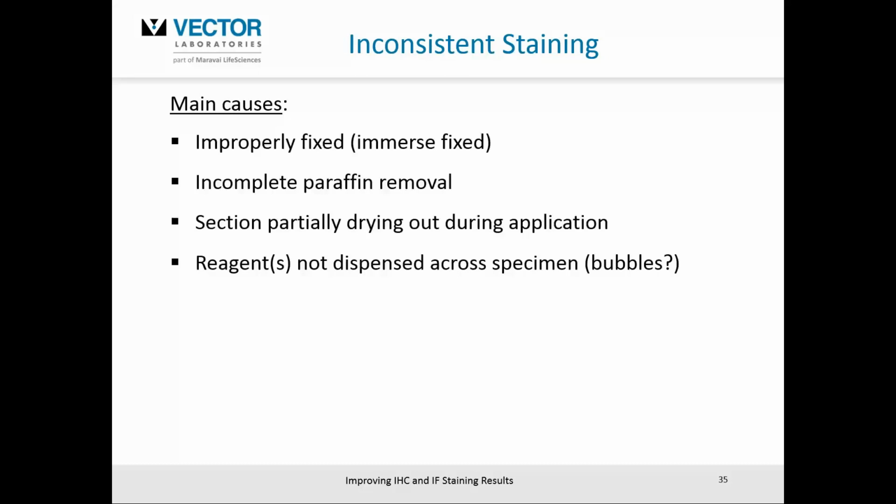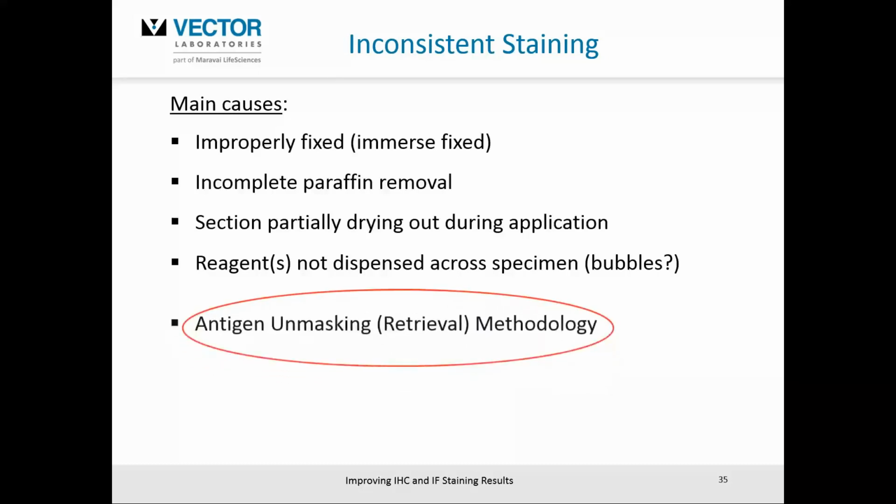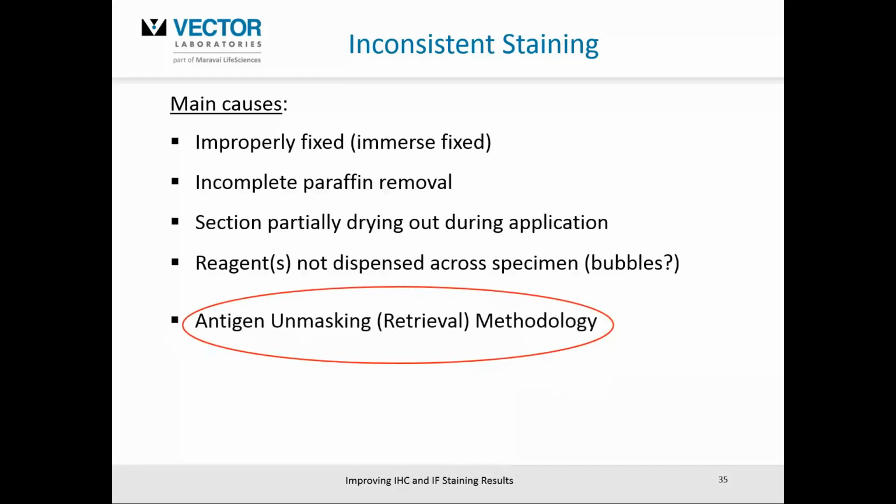But I will say the largest hurdle investigators come across with inconsistent staining, or the biggest reason for that, at least in my experience, is the antigen unmasking methodology. And what I refer to this is largely high temperature antigen unmasking or retrieval.